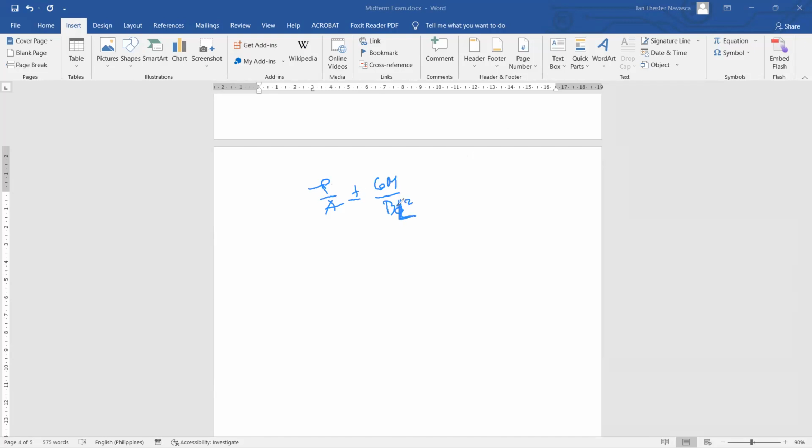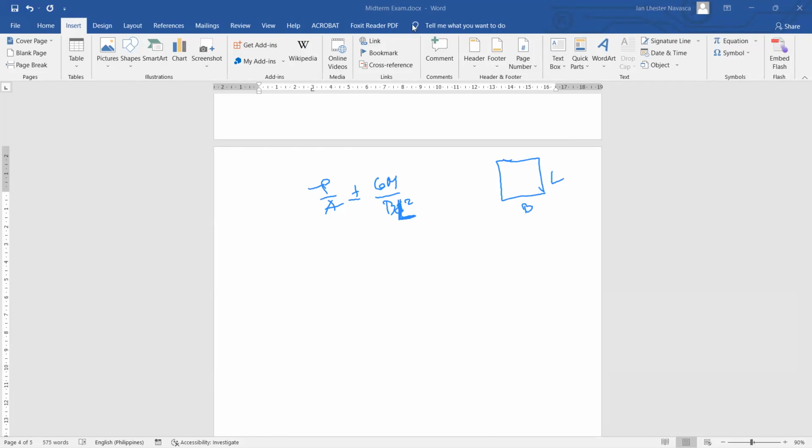You might get confused with BD, so this is B and L. Since that is a square, it is B cubed. So that is how you solve for the actual soil pressure.